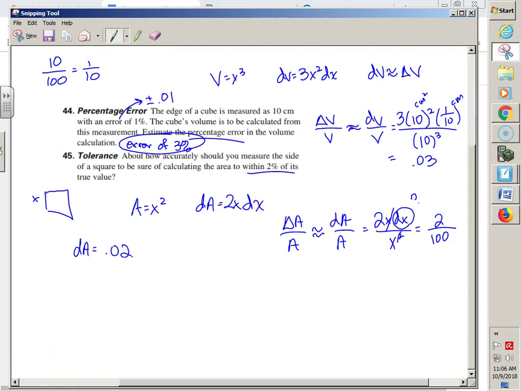Right? They want the area to be within 2% of its true value. How far off the area is 2% of its true value. Sorry, I interpreted it wrong. I translated it wrong.